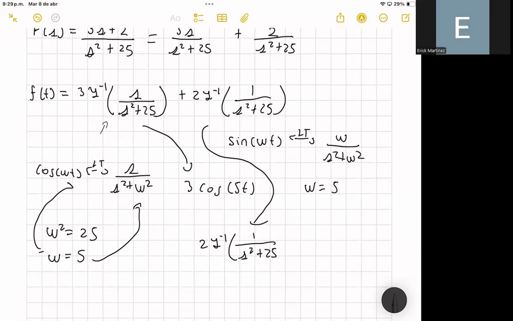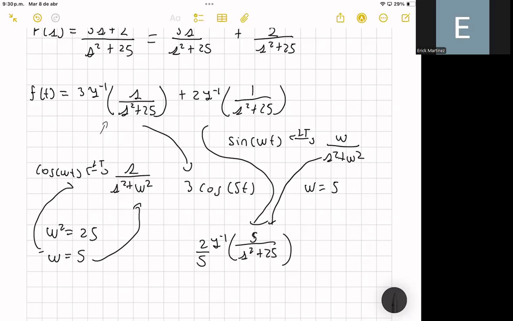So I can multiply the numerator by 5, and also the denominator, that is 5. But here I am getting out of the transformation this 5 in the denominator. If you compare these two functions, they are basically the same. So we can apply the inverse Laplace transform to this term directly.